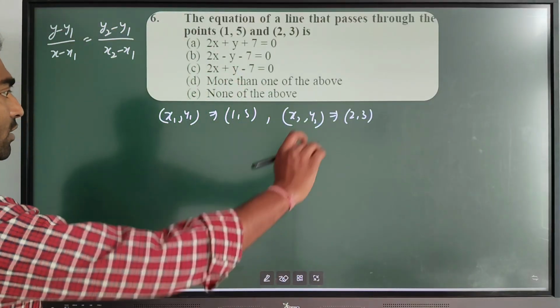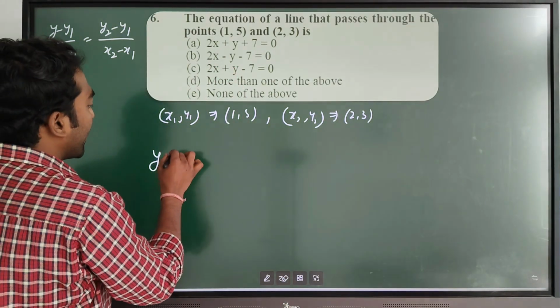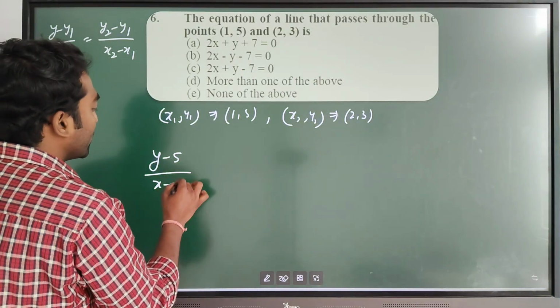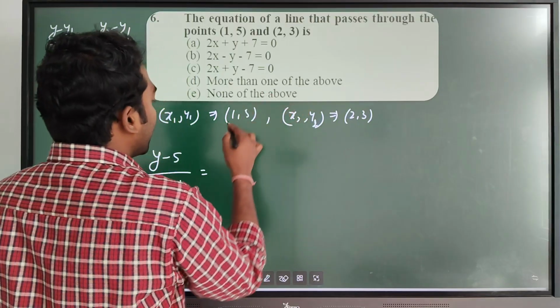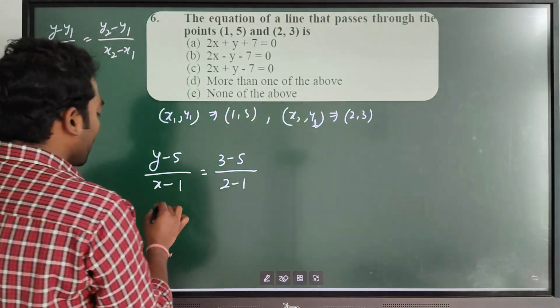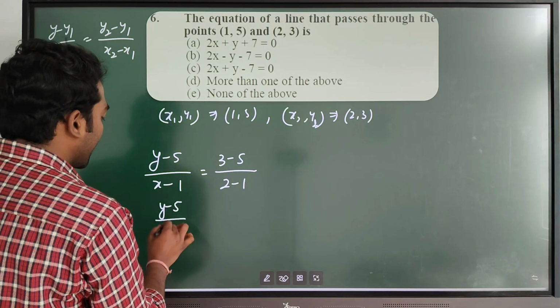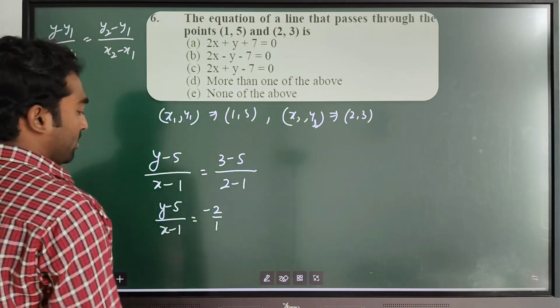Okay, so the equation of the straight line is what? y minus y1, which means y minus 5, divided by x minus x1, which is x minus 1, is equal to y2 minus y1, 3 minus 5, upon 2 minus 1. So (y minus 5) divided by (x minus 1) is equal to minus 2 by 1.